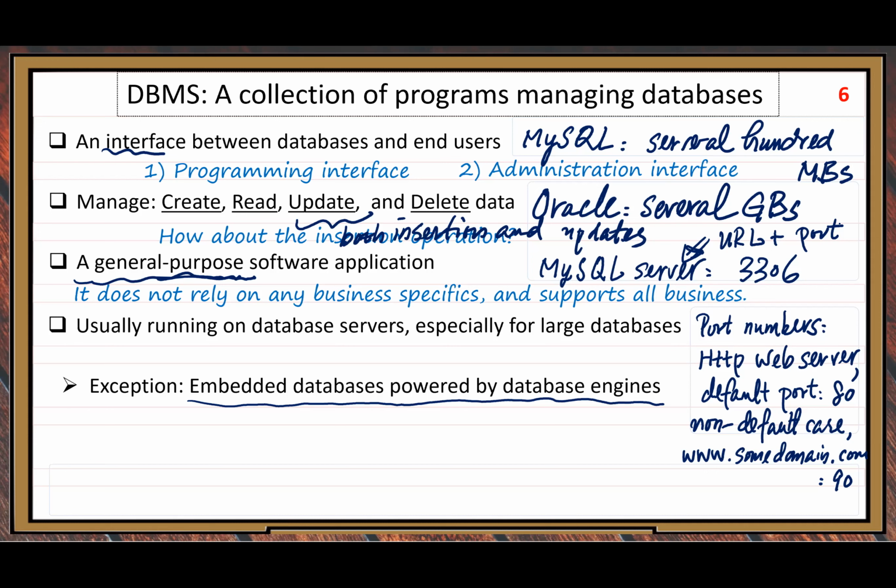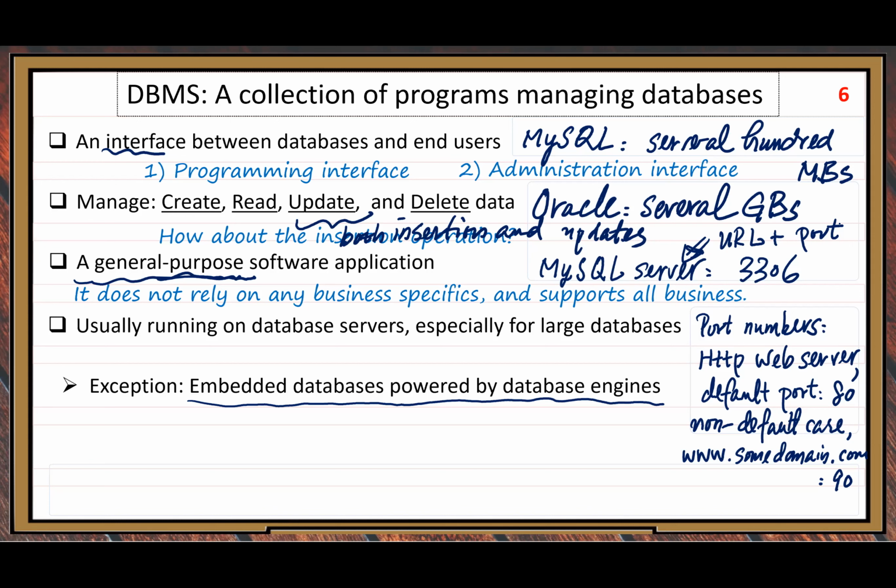Think about, if we want to develop some apps that you want to install on mobile devices, you do not want your app to rely on an internet connection, Wi-Fi, or data connection. Even if there is no data connection, you want to make your app support all the basic operations.